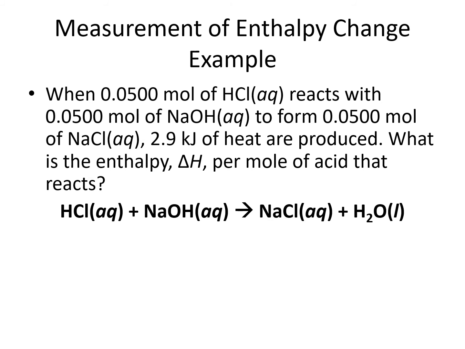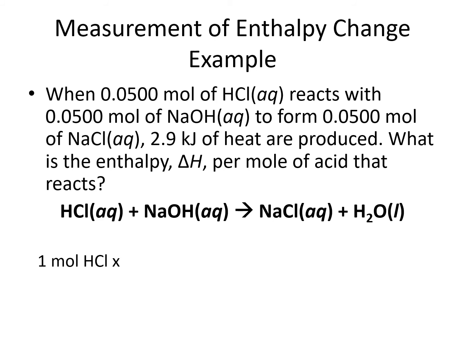But if those coefficients are changed, then the delta H changes along with it. So when we actually did this in the lab, we had 0.05 moles of each thing in the reaction, and 2.9 kilojoules were associated with that particular amount. So since we're trying to find the amount per 1 mole of hydrochloric acid, we're going to start with that as our initial value.